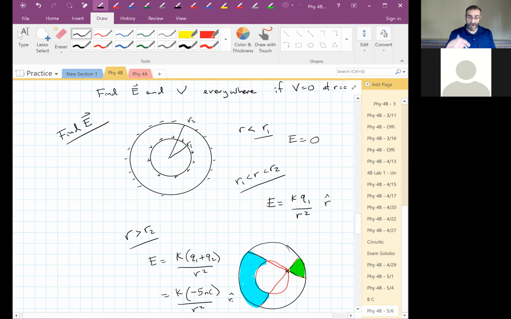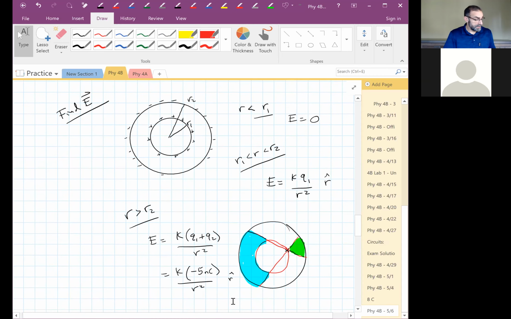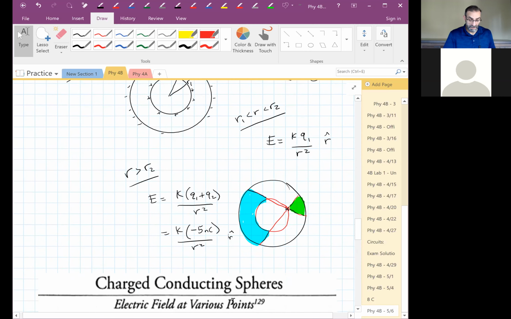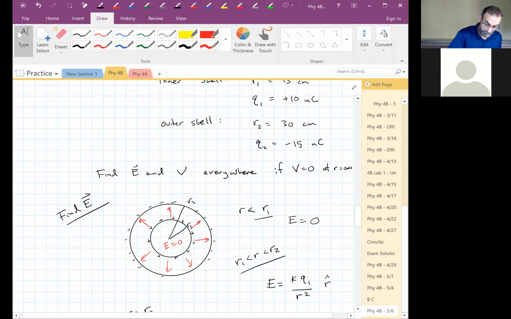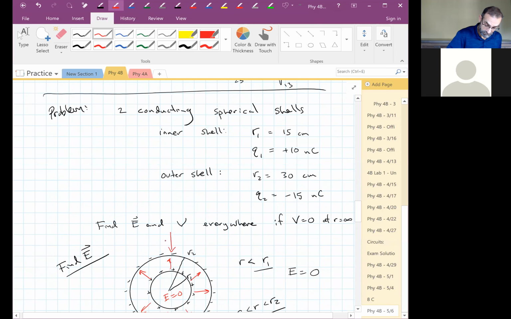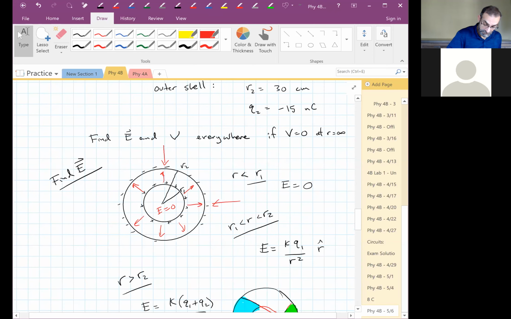So we're in the negative r hat direction now, radially inward. Okay. So we can draw our electric fields now, right? We've got E equals 0 in here. And in between, the field points outward. And out here, it points inward, and it's half as strong. Is that right? Yeah. Something like that.